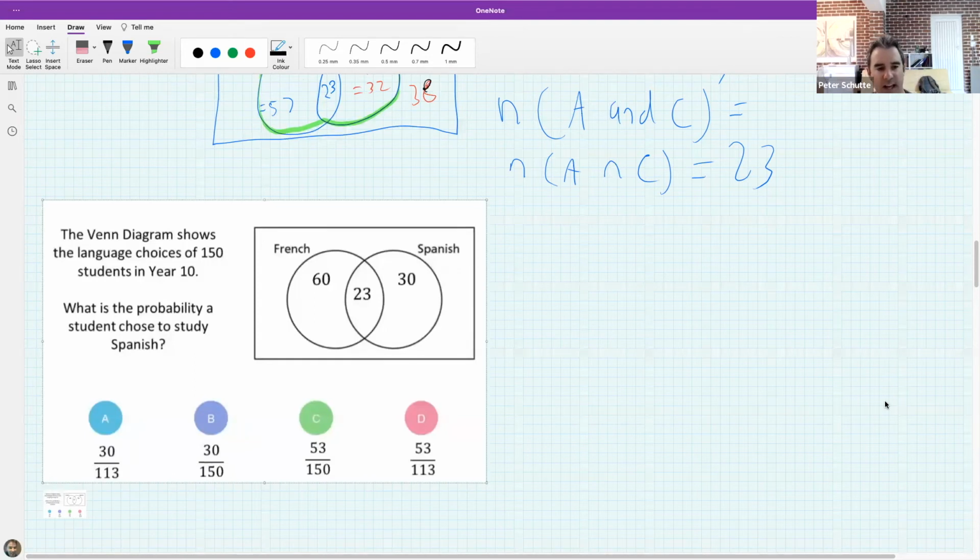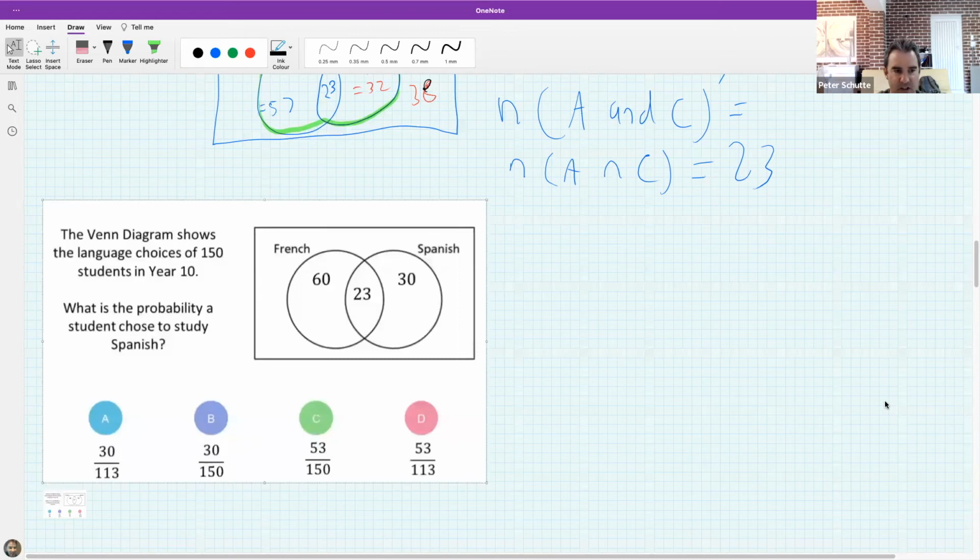I want to know A, B, C, or D. So there's 150 students is the sample space. That's the amount of students.